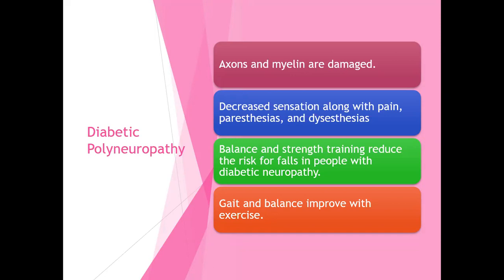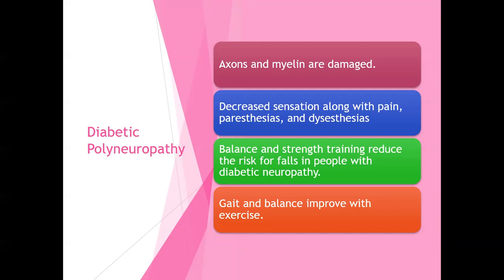Also, proper diabetic foot care is really important for avoiding other issues. If someone who has diabetic polyneuropathy wears appropriate shoes, regularly inspects their feet, and takes proper care of their skin and toenails, they can prevent limb amputations, and diabetic polyneuropathy is one of the most common causes of limb amputation.